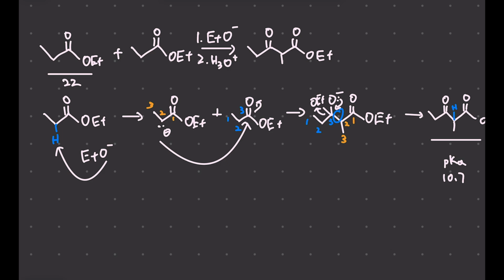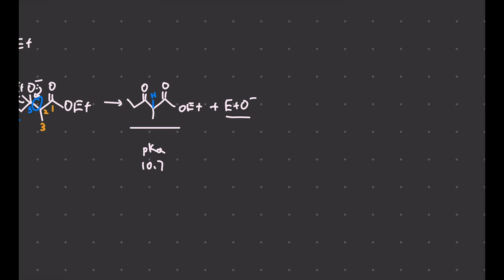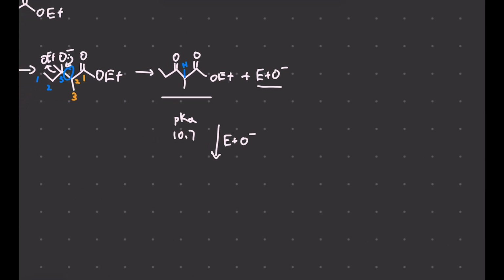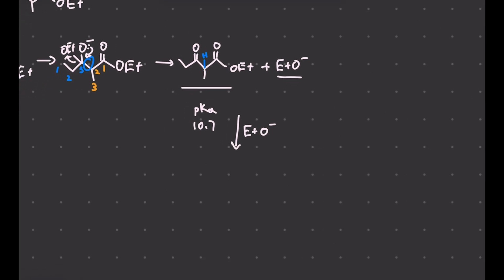And because of that, the ethoxide ion is going to come in and deprotonate that alpha hydrogen and give us an enolate ion and ethanol.